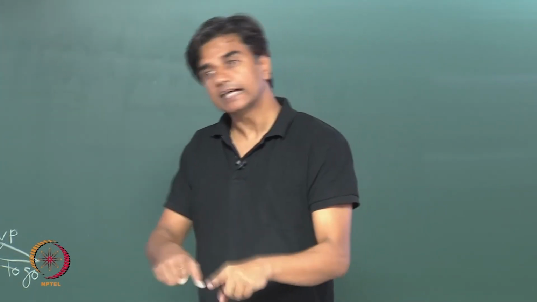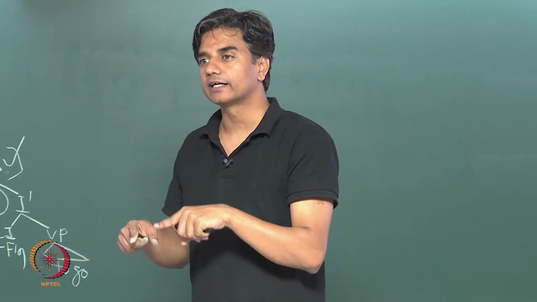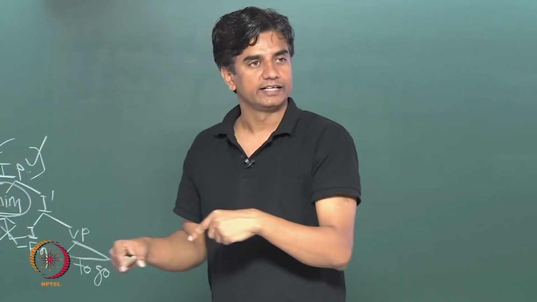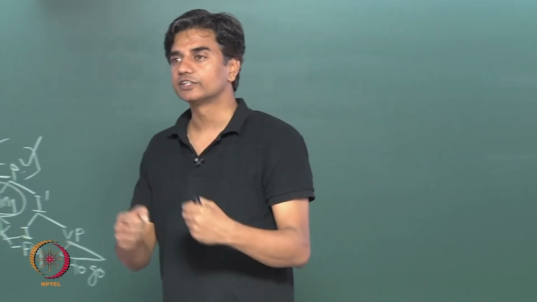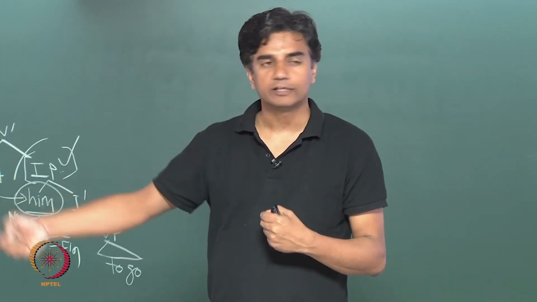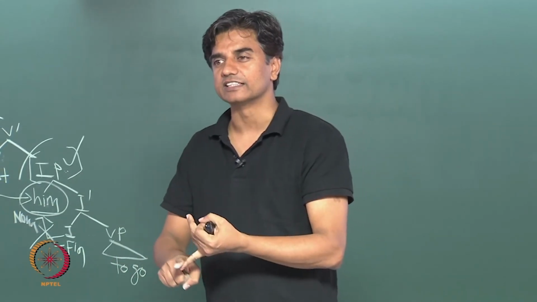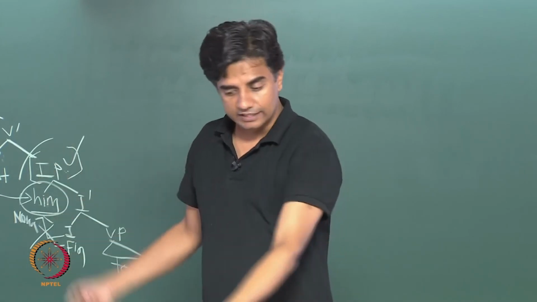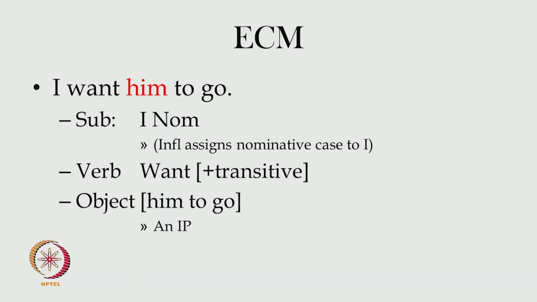This is yet another reason why people were getting impatient day by day and felt compelled to look at the whole theoretical apparatus afresh. That probably we are running into difficulty with nominative cases, we are running into difficulty with these kinds of sentences where we have 'I want him to go' type of sentences.